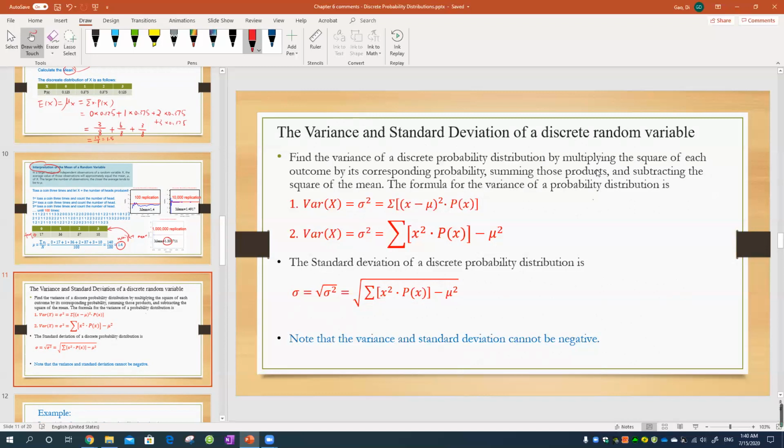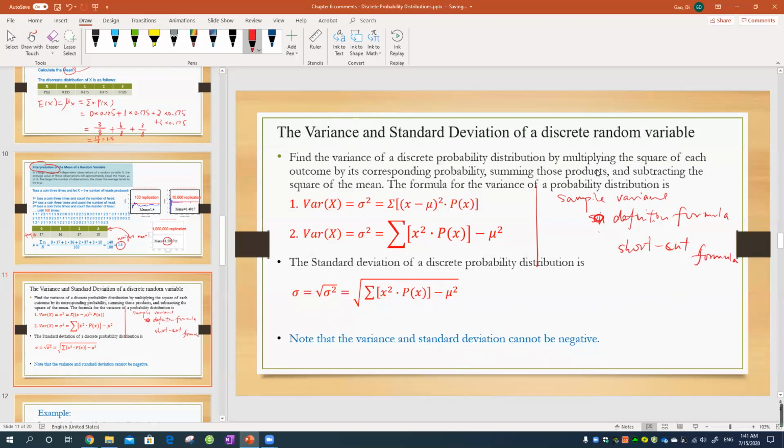For the sample variance, we have a definition formula and a shortcut formula, which is similar to the two formulas given below.